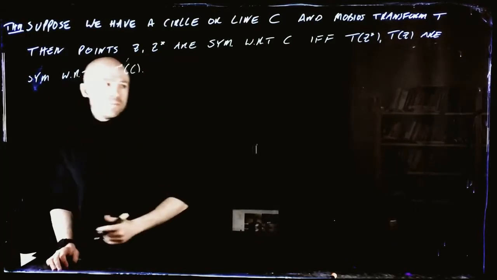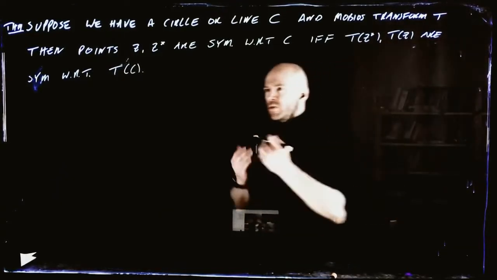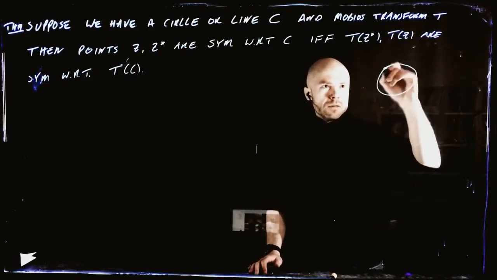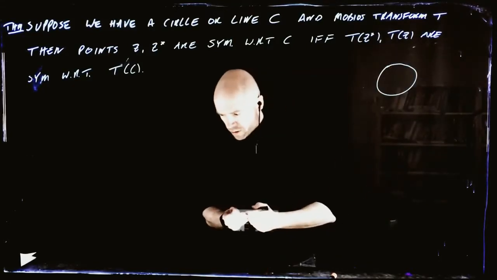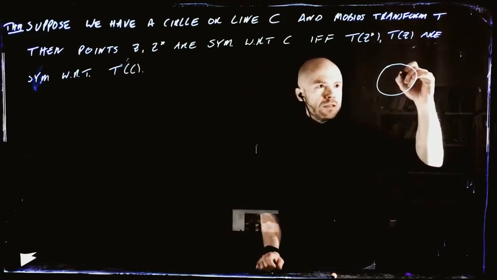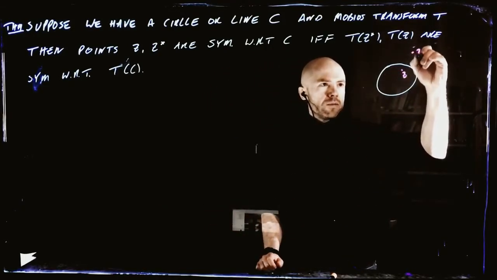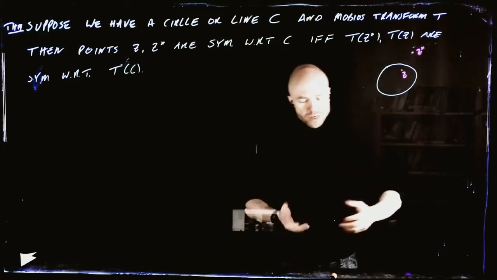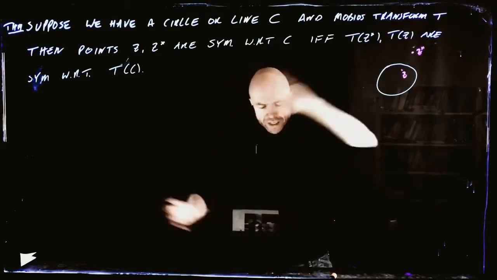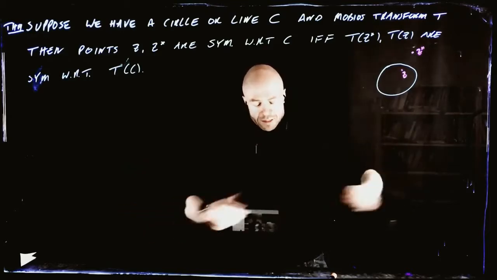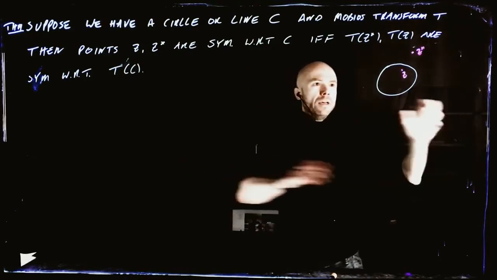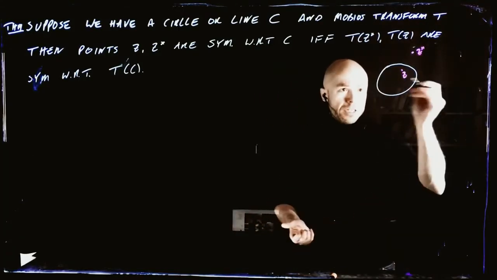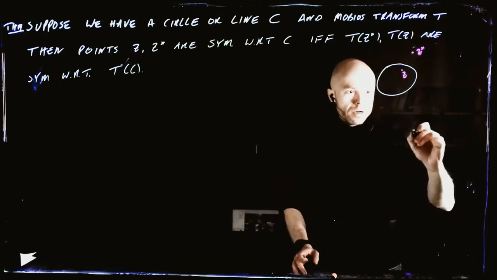Okay, so in other words, Mobius transforms preserve whatever symmetry you see. So if you have some line or circle and a couple of points Z and Z star, which are symmetrical, then when you think of Mobius transforms as just being a kind of rearrangement of the complex world, it's a bijective holomorphic mapping, rearranging the complex world, and you're turning potentially your line or circle into either a line or a circle.